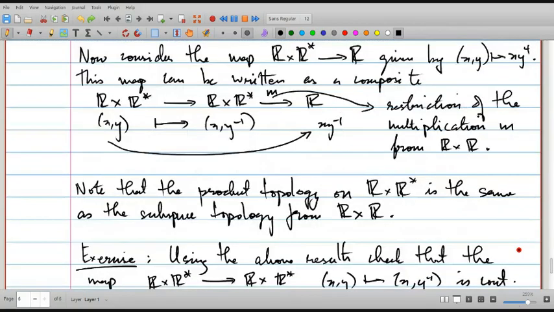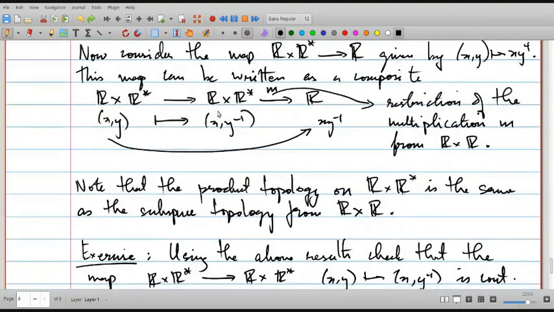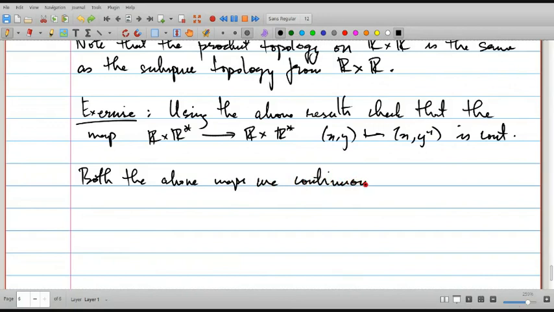So the multiplication map is continuous and this map is continuous. So both maps are continuous, and so their composite is continuous.